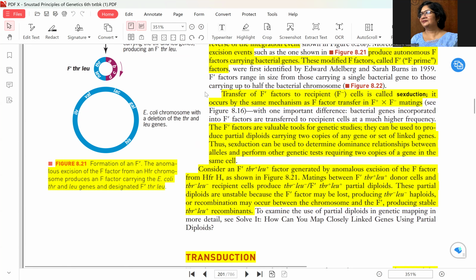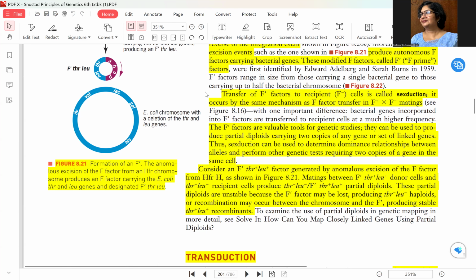When this F prime factor enters a bacterial cell, that bacterial chromosome also has similar sequences to those carried by the F prime factor. And because of this, the bacteria now has some sequences which are present in duplicate. And when this happens, we say that the bacteria is a partial diploid or a merodiploid. Such a merodiploid or partial diploid bacteria can continue to survive in this form.